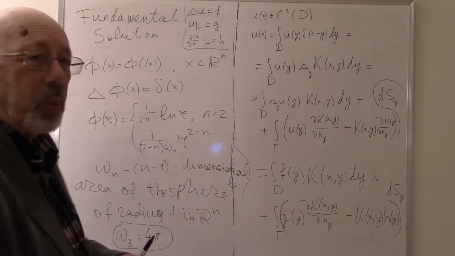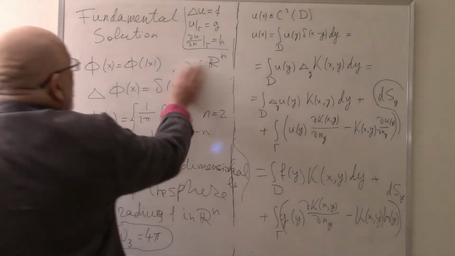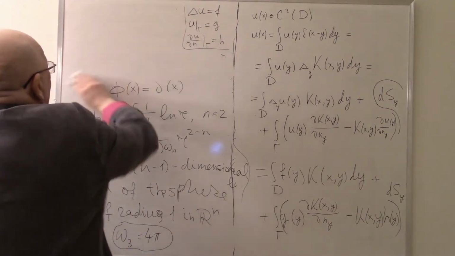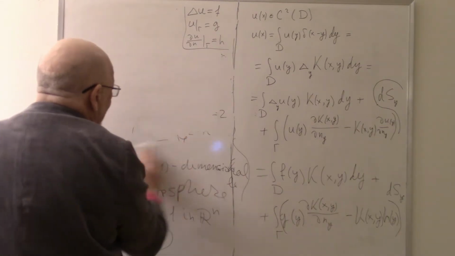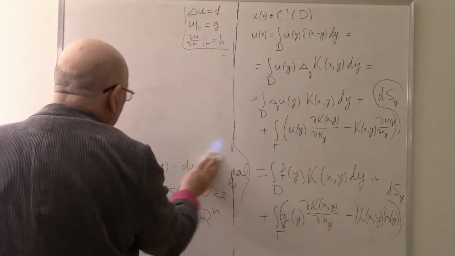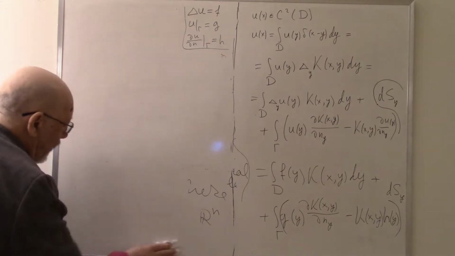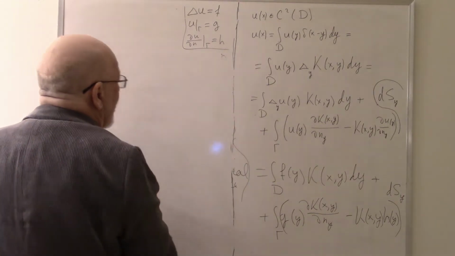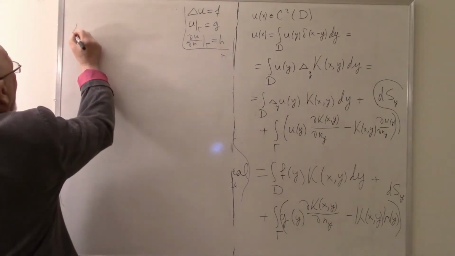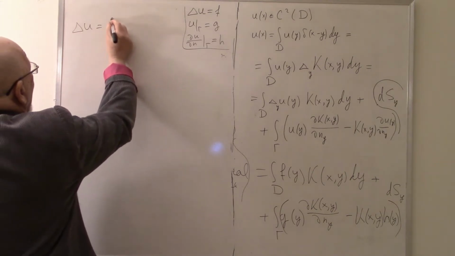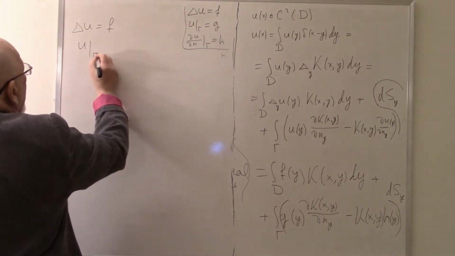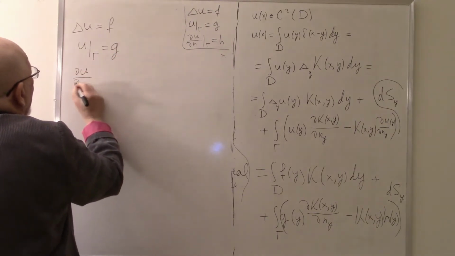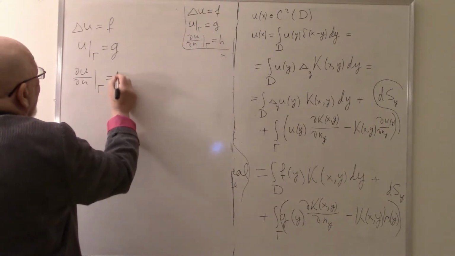Unfortunately, it does not work, because here it is implied that we consider the following problem: Delta u equals f, u on the boundary equals g, du dn on the boundary equals h.